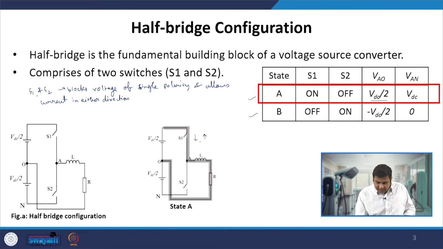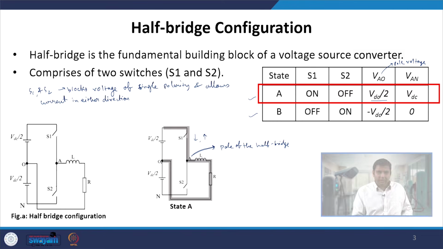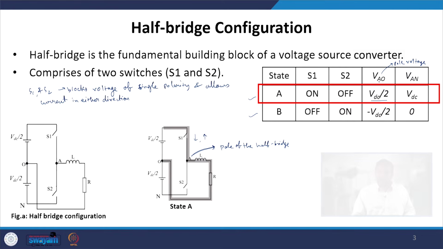This midpoint of these two switches is also called the pole of the half bridge, and the voltage VAO is called the pole voltage. That means the voltage appearing at A to O is the pole voltage.